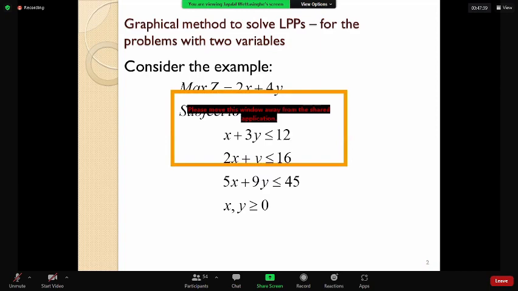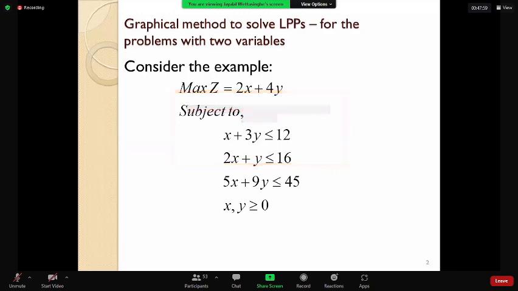If we consider the left hand side, x plus 3y, and I take 5 for both variables, 5 plus 3 times 5, that is 20. So x equal to 5 and y equal to 5 does not satisfy this constraint, because the left hand side becomes more than 12.